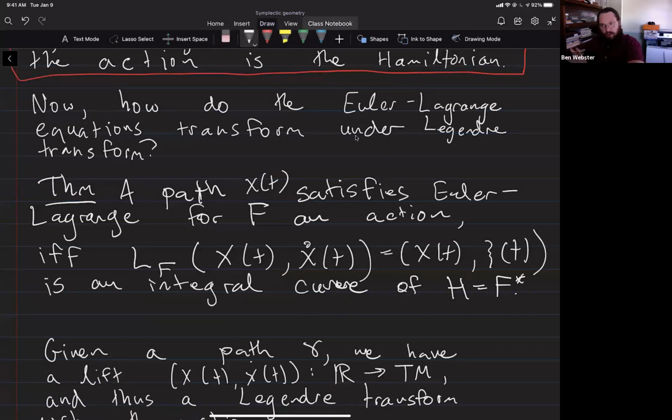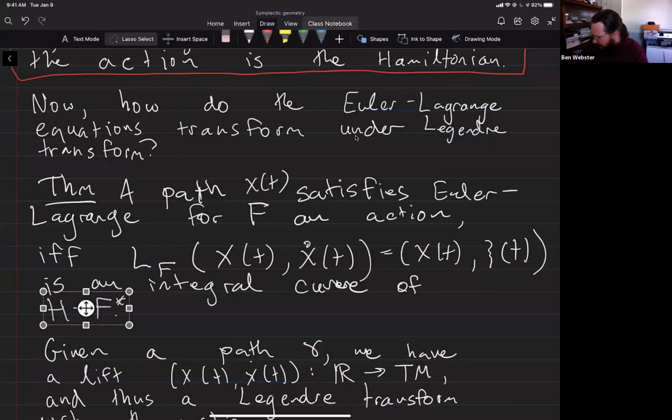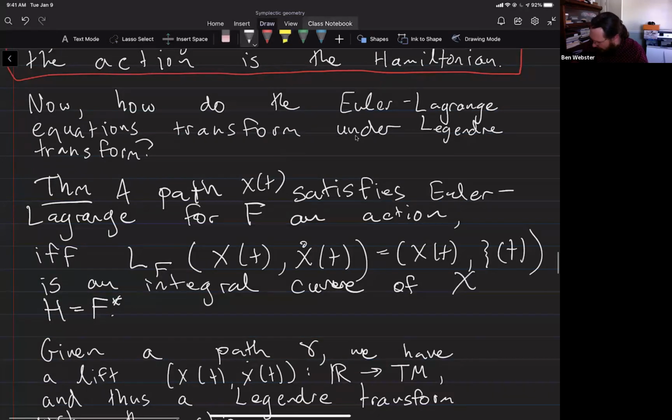Then I have this Legendre transform map to the cotangent bundle, and the image of a solution to the equations of motion, the Euler-Lagrange equations, is an integral curve of the Hamiltonian vector field X_H with respect to this Hamiltonian.